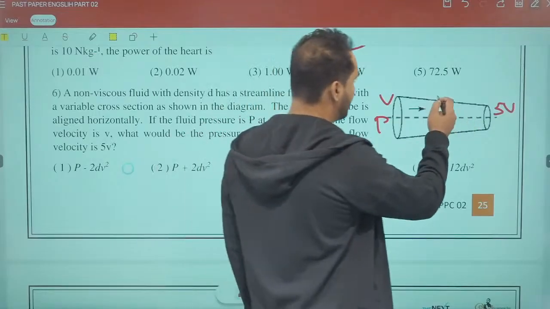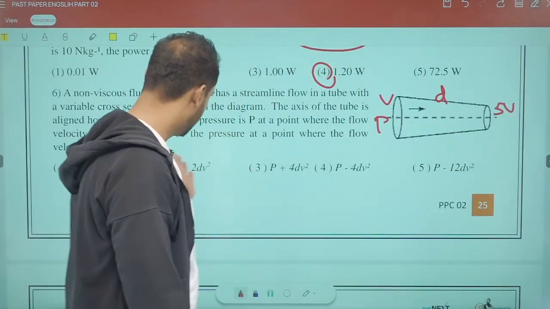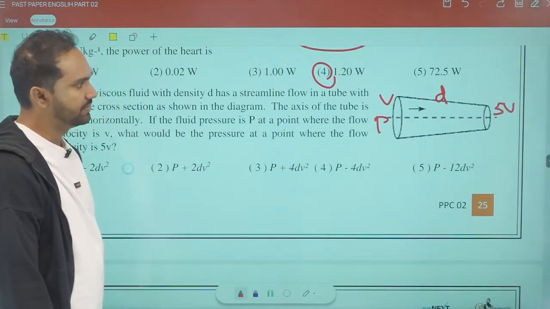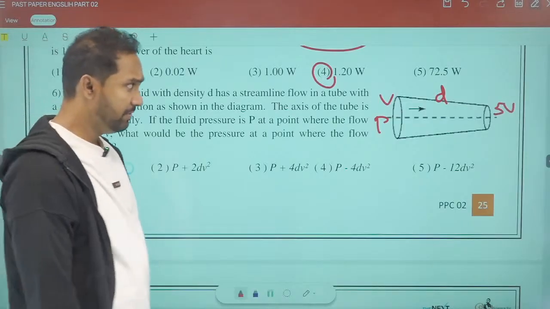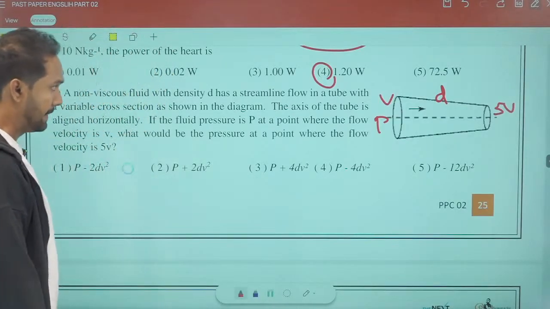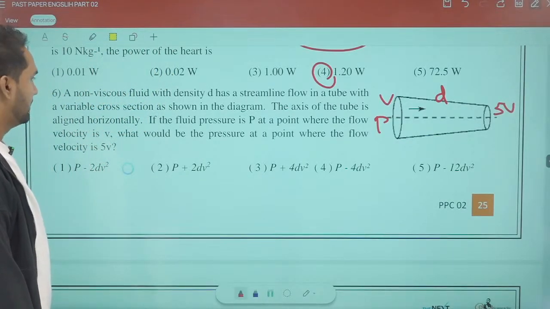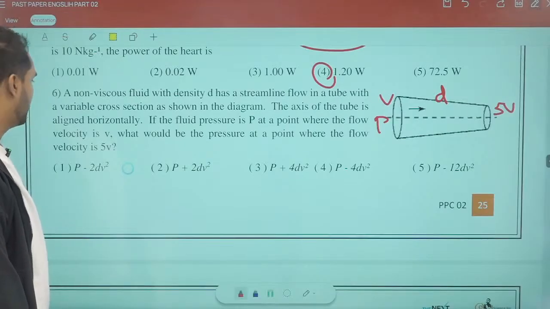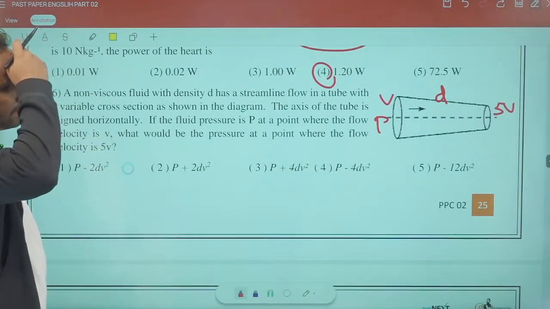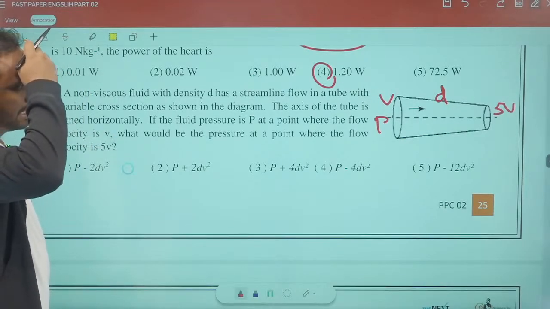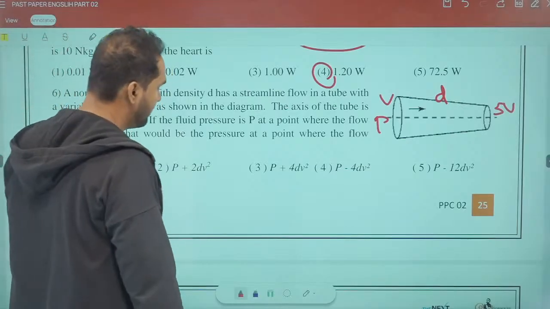Non-viscous fluid, so it's basically Bernoulli's you will have to put, as it seems like Bernoulli's here. So Bernoulli's you will have to put.